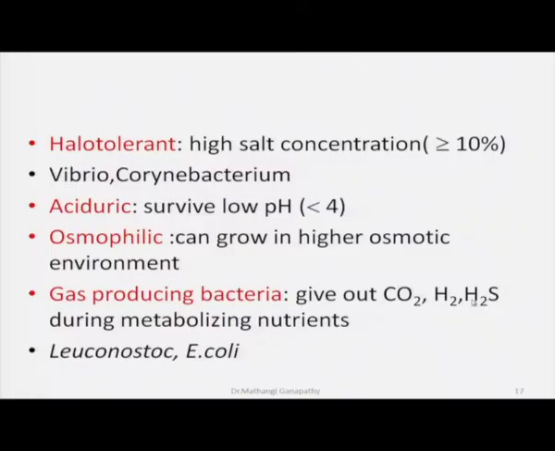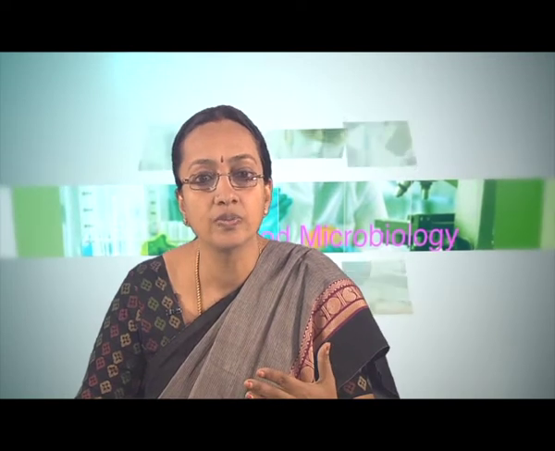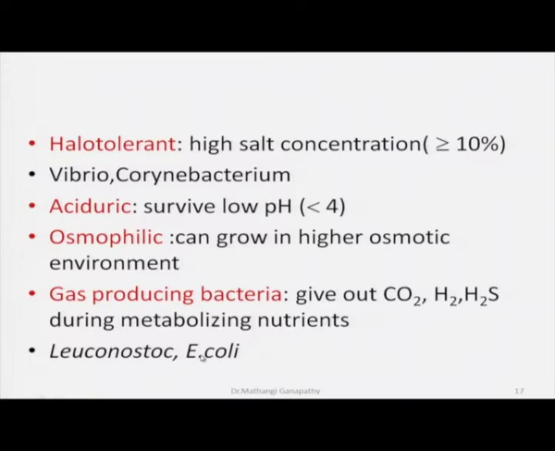Now, the evolution of hydrogen sulfide, for example, when the bacteria degrade the proteins, hydrogen sulfide is emitted. The typical smell of rotten eggs, as you know. So this indicates that the food has been destroyed, it is degraded, it is not fit to be consumed by human beings. So this also will indicate the presence of Leuconostoc, E. coli, etc.